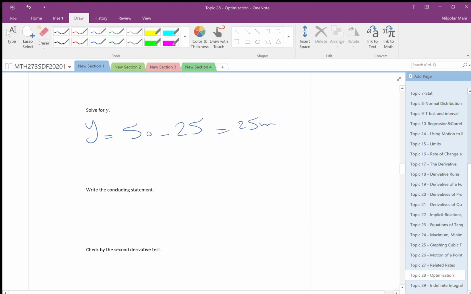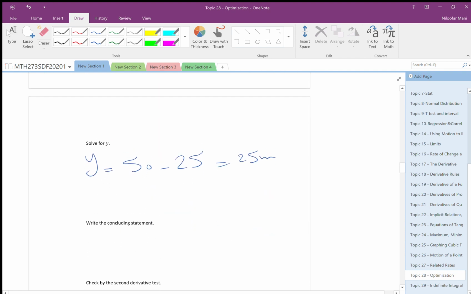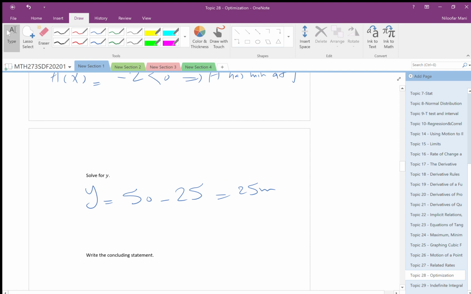Okay, so write the conclusion sentence. So look at this. The land that has 100 meter as a perimeter must be a square if I want maximum area. It must be this, and this meter.